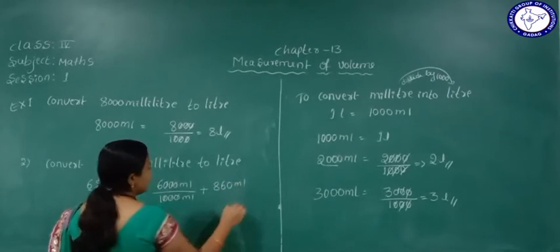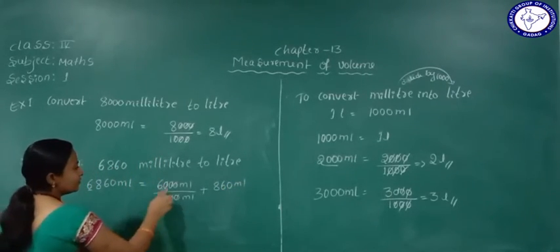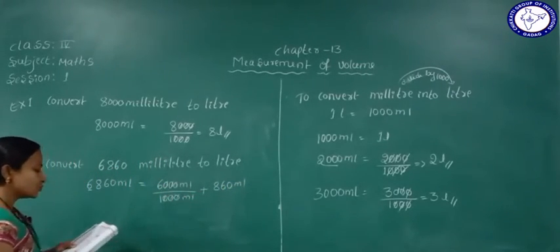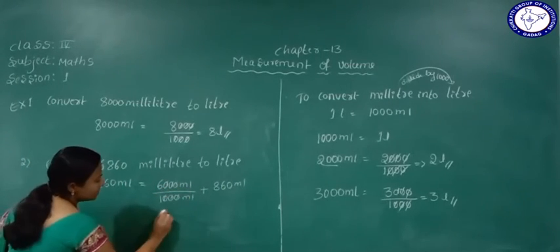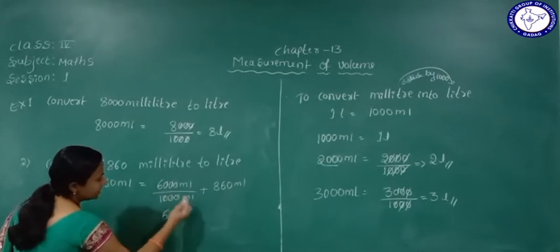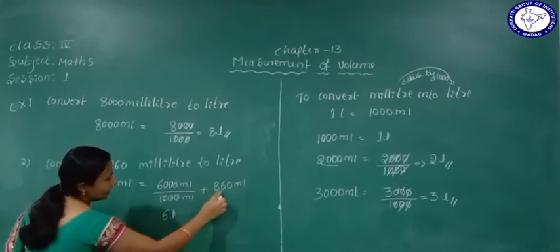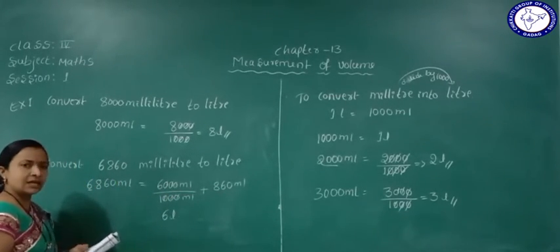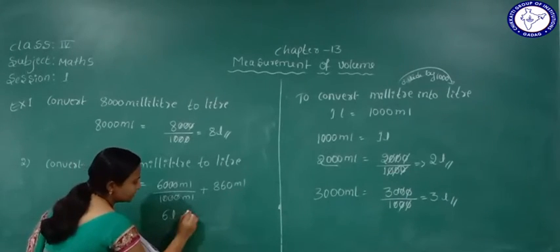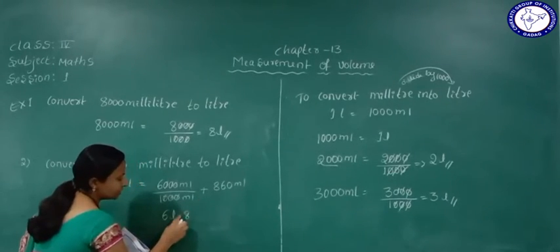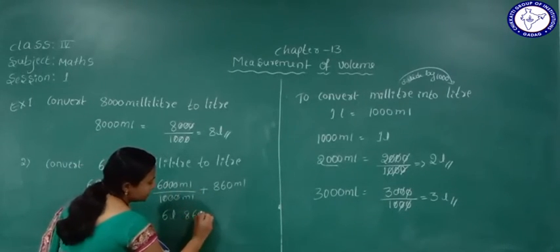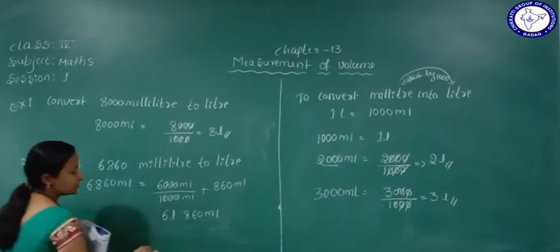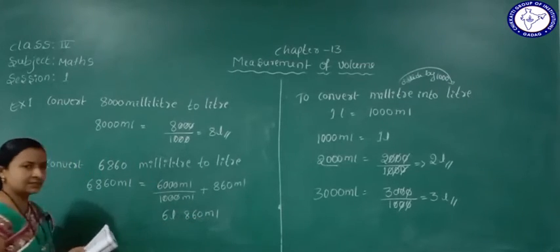Plus, how much do we keep here? 860 ml. Okay, so here we will add these two. So this one is converted to 6 liter, as it is we'll write. So 860 ml remains as it is, don't write the plus here. We only add these all. So 6 liter 860 ml.